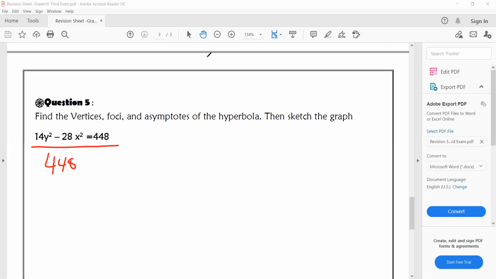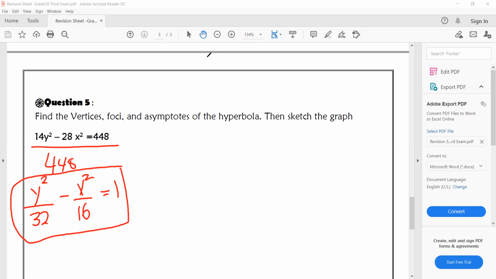So the equation now will be y squared over 32 minus x squared over 16 equals 1. This will now be the standard form of this shape. Now, from this one, is it a vertical or horizontal hyperbola? It is vertical. It is a vertical hyperbola, yes.